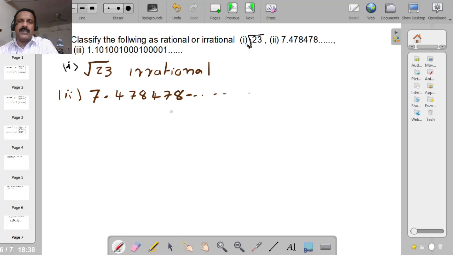This is non-terminating, but see, this block 478 is getting repeated again and again. So it is non-terminating, recurring. So this is a rational number.